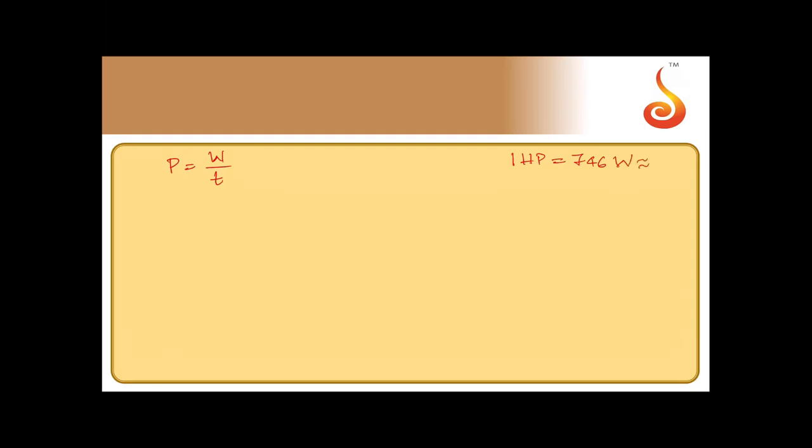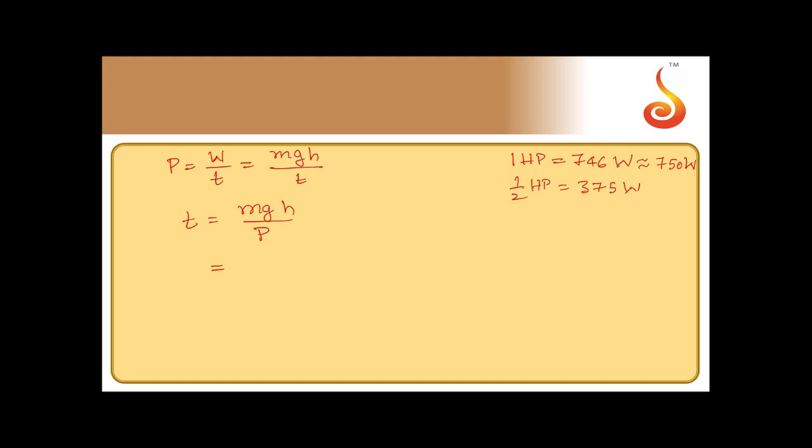So roughly for calculation we can take it as some 750 watts. So half HP means 375 watt. Now here work done is mgh, you are lifting water, divided by T. So T should be equal to mgh by P. This gives you time taken.